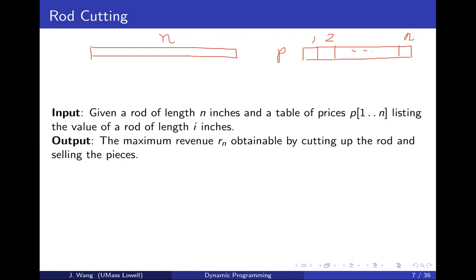What that means is that for 1 inch, you can sell for P1 dollars. Let's just use dollars. When the length of a rod is 2 inches, you can sell for money P2. And this is P sub n. That is what this input means. You are given this table.